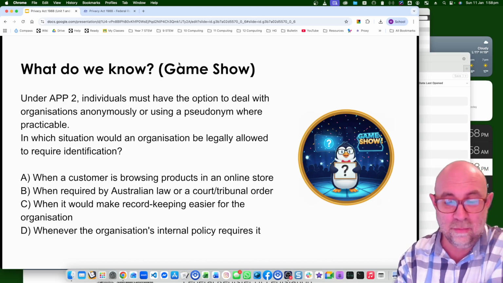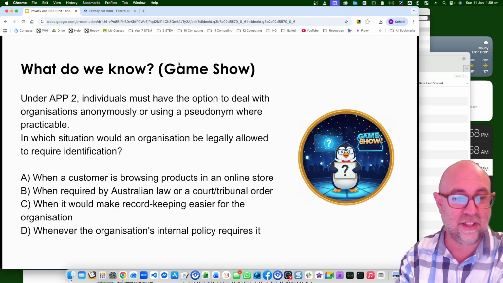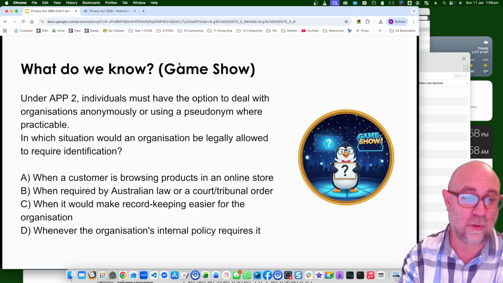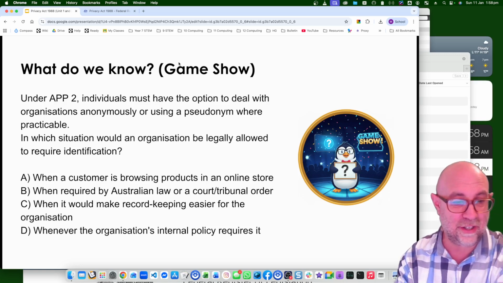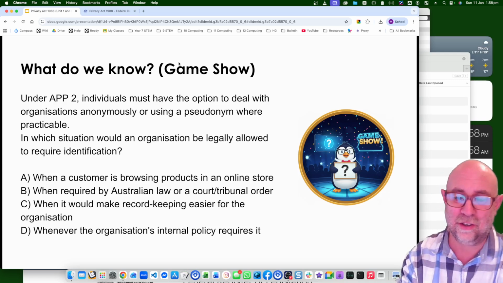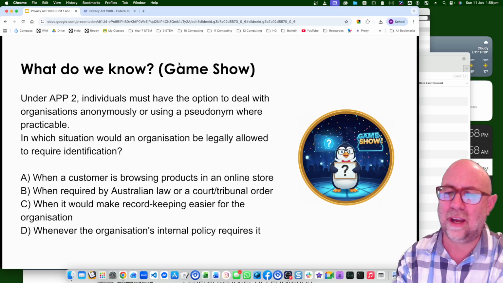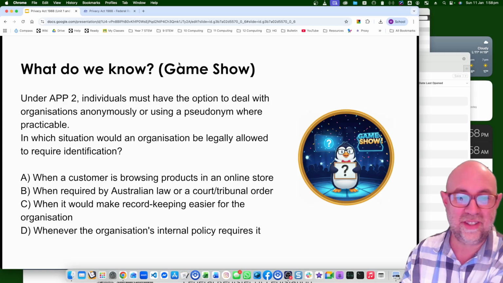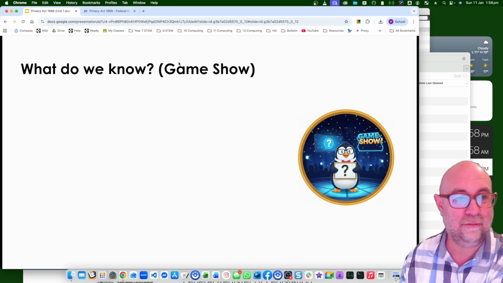You can't say you must set up an account with us just to see what we sell. When required by Australian law? Yeah, absolutely. If it's required by law, then you're allowed to do it. C and D, when it would make their life easier or when they have a policy, your company policy doesn't trump law. If the law says you can be anonymous, just because you'd like that information, tough.